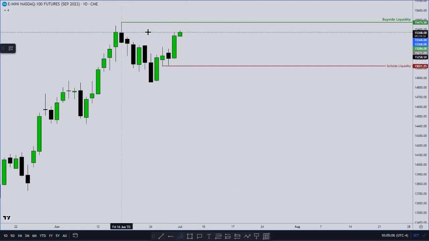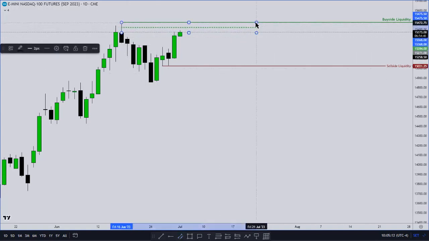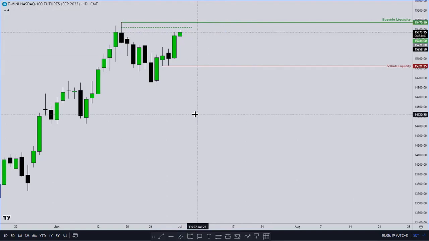It can provide short-term resistance. The dollar just made an equal low with the sell side liquidity that I outlined. Equal low.